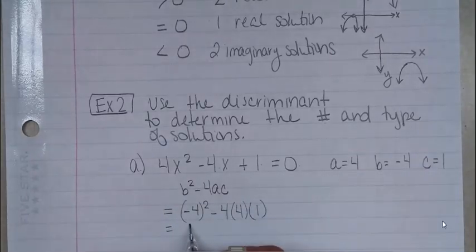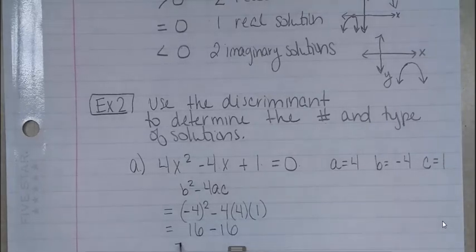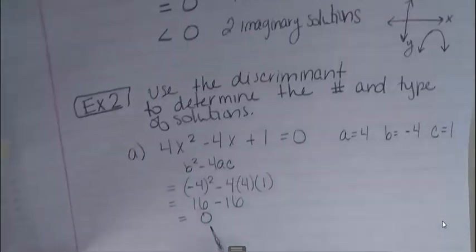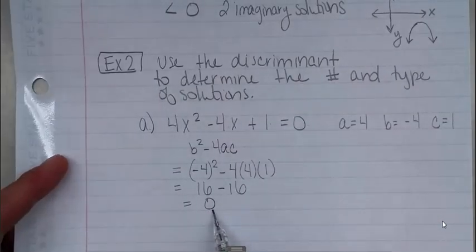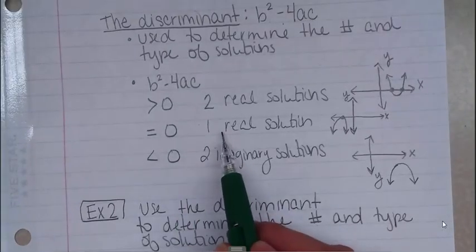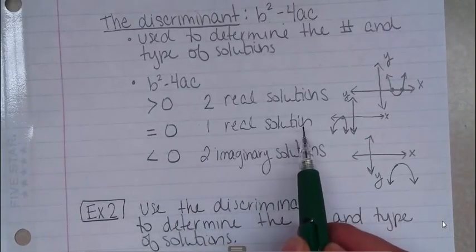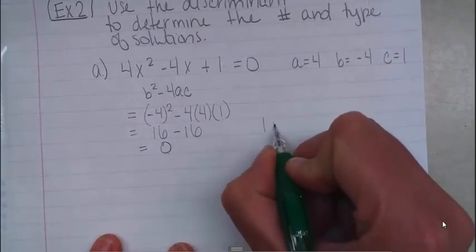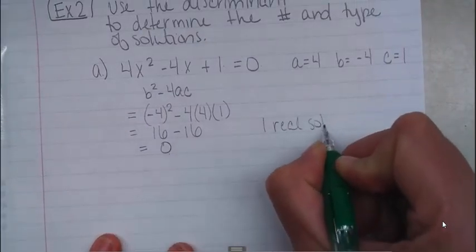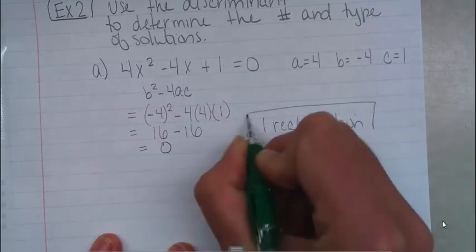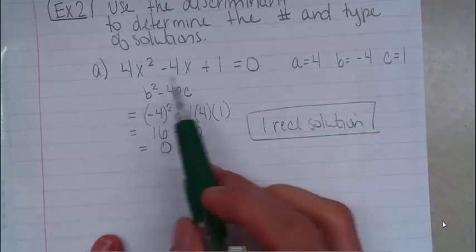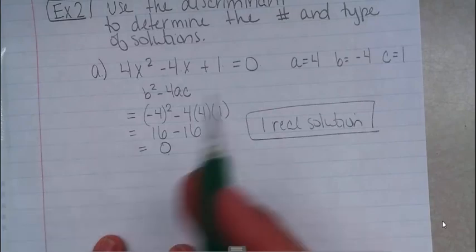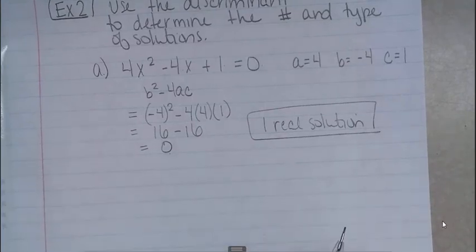So I'm going to have 16 minus 16, which is going to equal 0. Okay, so if I get a 0 for my discriminant, that tells me that there's just going to be one real solution. You can find that real solution by using the quadratic formula, plugging everything into that and figuring out what the actual x-intercept is.